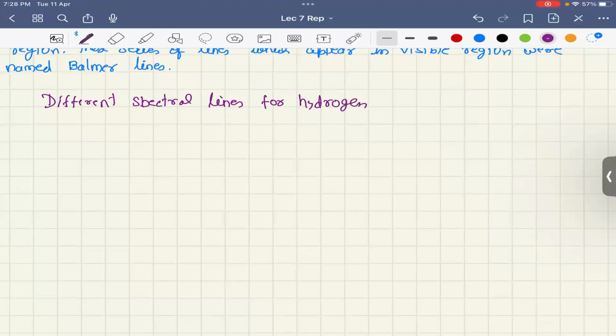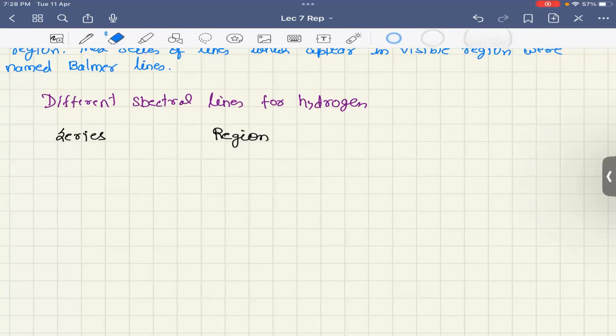Here I am going to write which series it is, then here the region, whether it's in ultraviolet region, infrared region, or visible region, and here we are going to write n1 and n2, but we'll look at it afterwards.